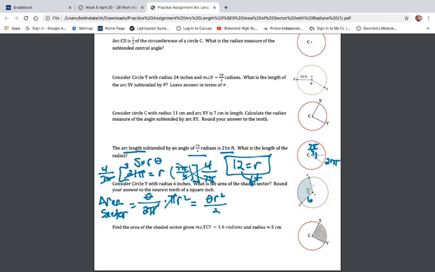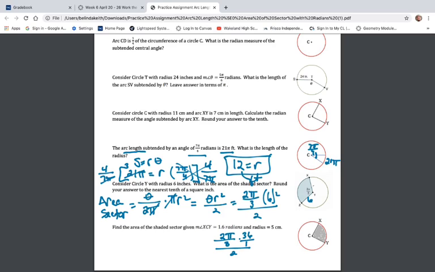We've been given the angle. It's 2 pi over 3. The radius is 6, and you're going to square it, and all of that's over 2. Technically, you've got 2 pi over 3 times 36, and that's understood to be over 1. All of that's over 2.